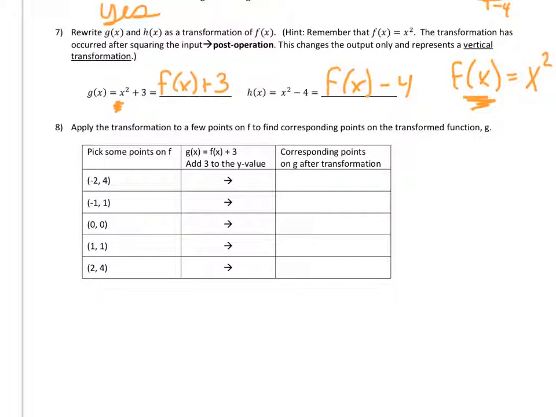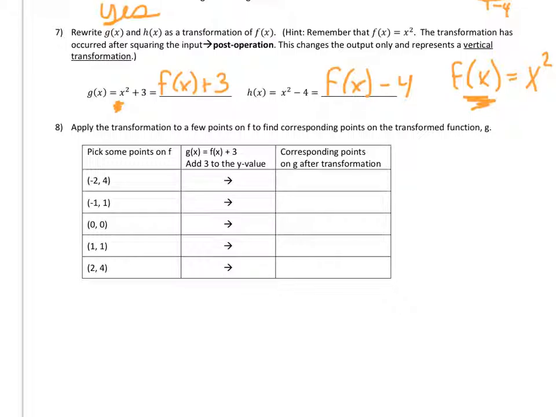So I want to apply the transformation to a few points on f to find the corresponding points on the transformed function g. So -2, 4, -1, 1, 0, 0, 1, 1, 2, 4, these are all points on the graph of f. And my graph of g, which is f of x plus 3, means add 3 to every y value, because f of x is just a fancy name for y. So if I'm doing f of x plus 3, that means y plus 3.